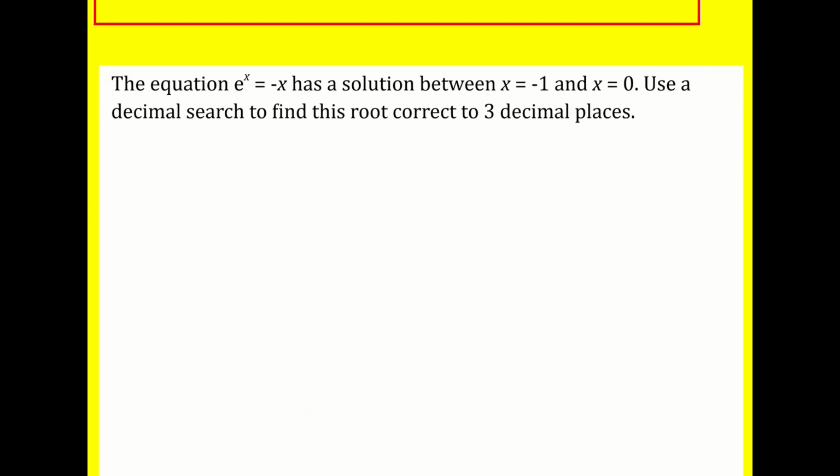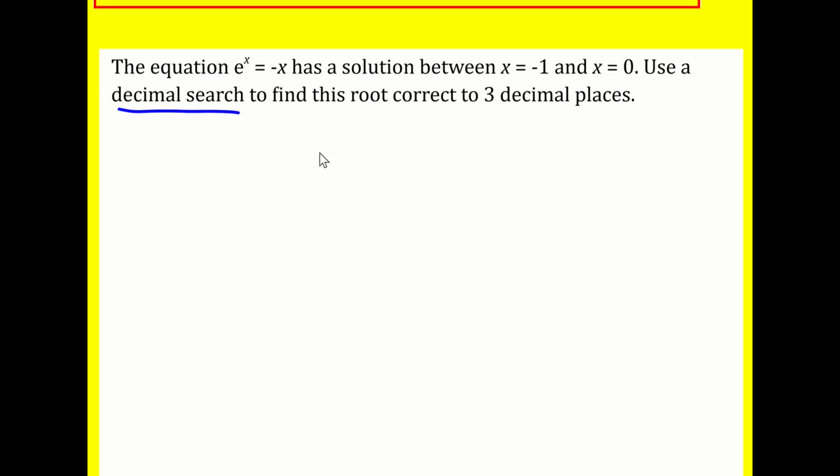Well, in the next two lessons, we're going to find really efficient ways of doing that. They do have their downfalls, which will be discussed. But this is the kind of simplest to understand method, and it's called a decimal search. So I started off by saying I've got e to the x equals minus x.